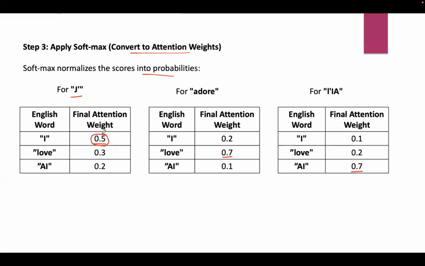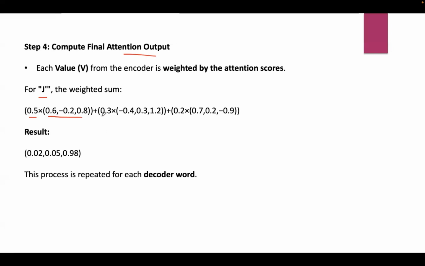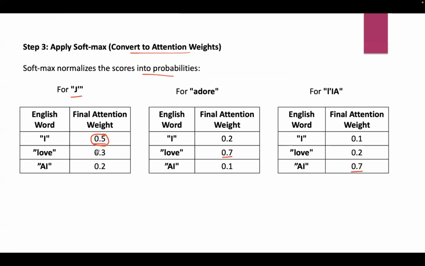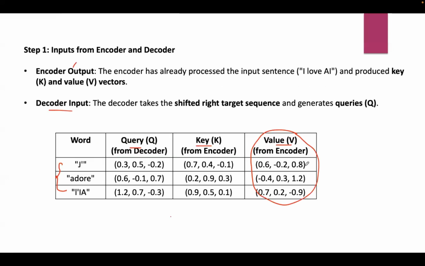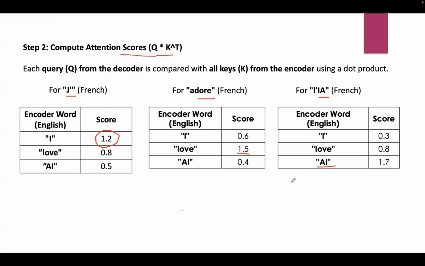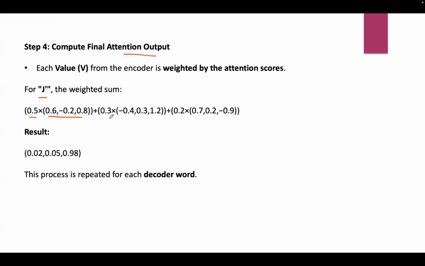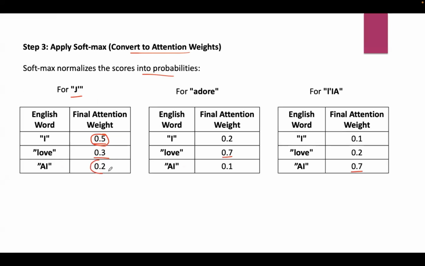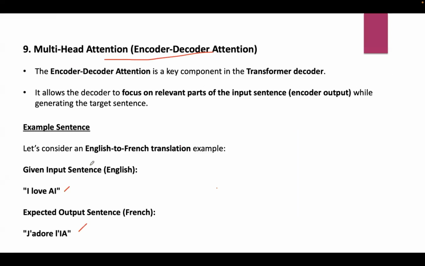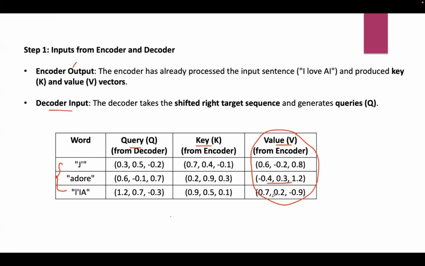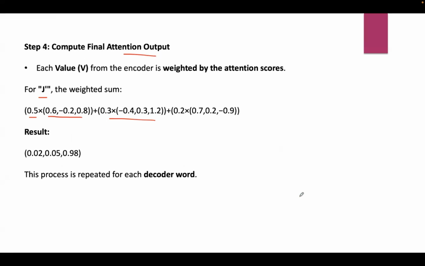Then the second weight is 0.3. Multiply that with the second vector in this one, minus 0.4, 0.3, 1.2. And the third attention weight is 0.2. Multiply that with the third value vector from the encoder.